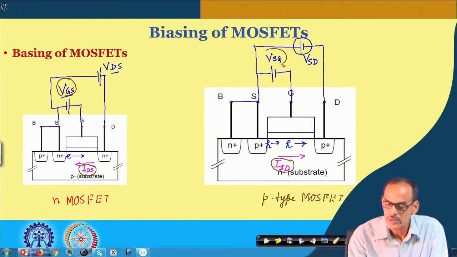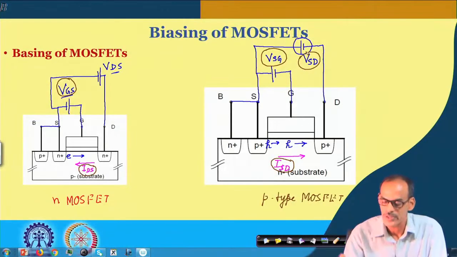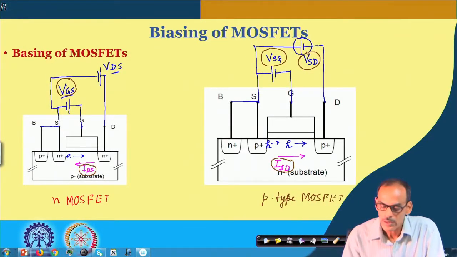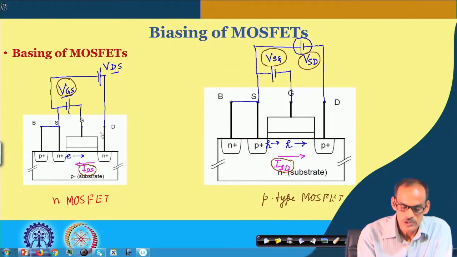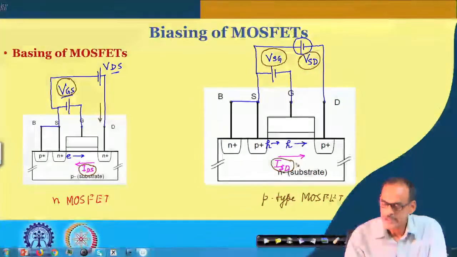On the other hand, this bias is called VSG, and likewise instead of VDS we call this VSD. And the current flow, of course, IDS flows in this direction, whereas ISD here flows in this direction.